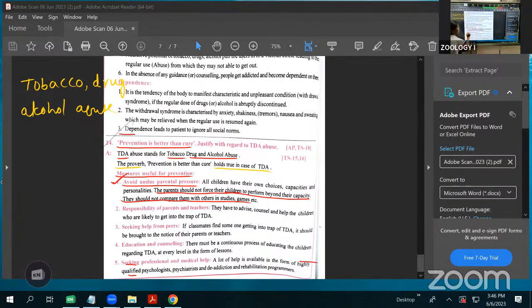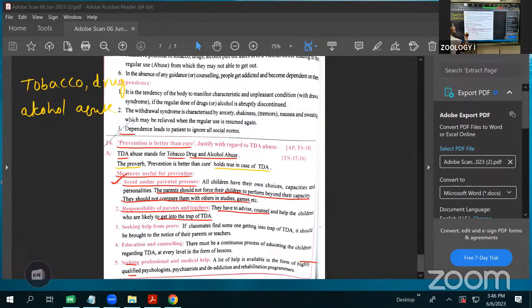Next, the second measure is the responsibility of the parents and teachers. Here, it is counseling. They have to advise, counsel, and help the children. Some children get trapped in TDA abuse. For those children, we give advice as well as counsel.